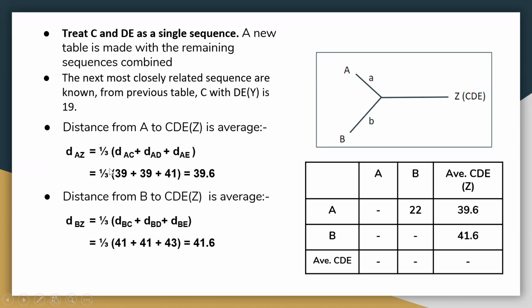To find the distance of A to Z: distance of AC, 39 plus 39 plus 41. Then we will get the distance average from A to Z, which is 39.6, and put it in the table. Also for B, we calculate the distance average of B to Z and get the answer 41.6, and put it in the table.